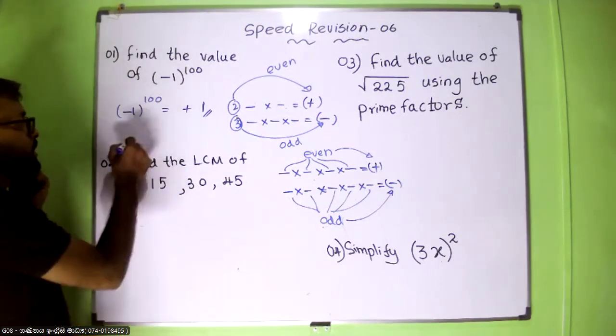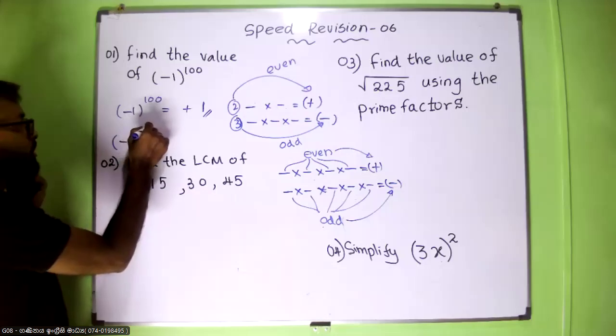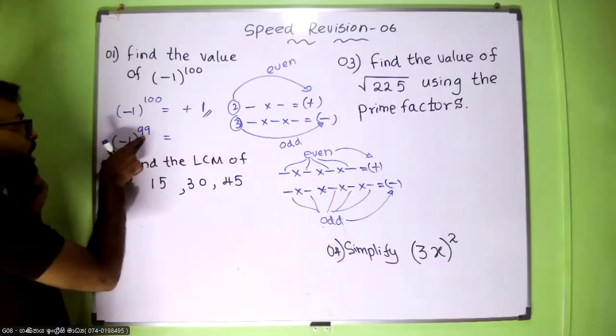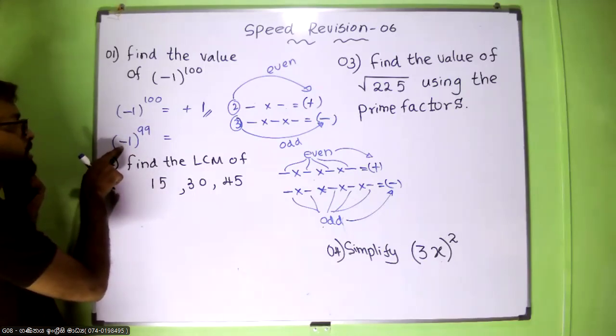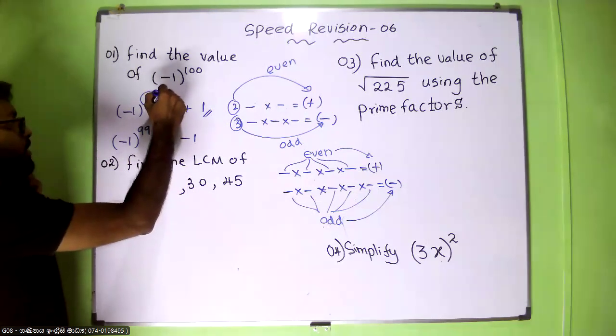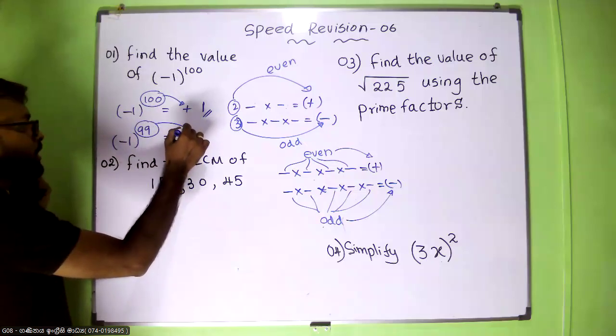For an example, if you have minus 1 to the power 99, right? 99 is an odd number. Then you will end up with negative 1, right? Make even, positive, or negative, right?